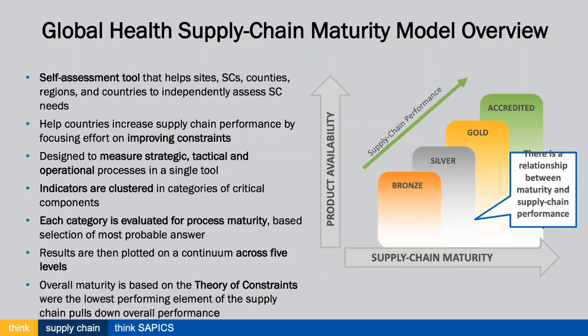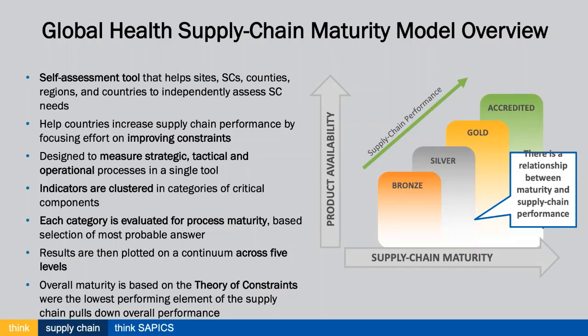Our results are then plotted against the continuum across 5 different levels, and the overall maturity is based on the theory of constraints, where we know that we have to concentrate on the elements that cause the lowest performance within the supply chain and which pull down the overall supply chain performance. And with that, we're able to target specific areas that are pulling the supply chain down, improve them, and move over to the next constraint.